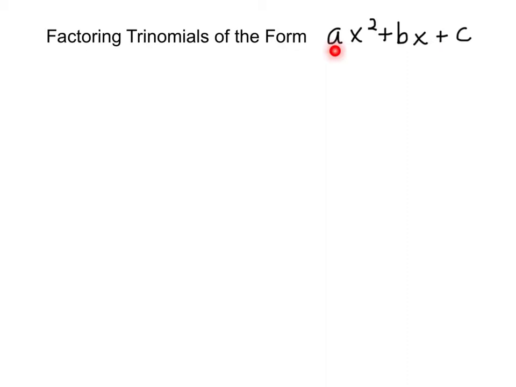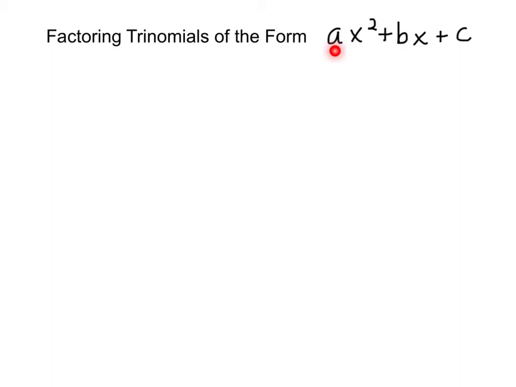And actually the way I'm going to show you to do this is to use factoring by grouping, the method we just went over. But you might be wondering, if factoring by grouping works only if it has 4 terms, how could we possibly use this on something that has 3 terms? And the answer is that we're going to take the 3 terms and split it up into 4 terms.